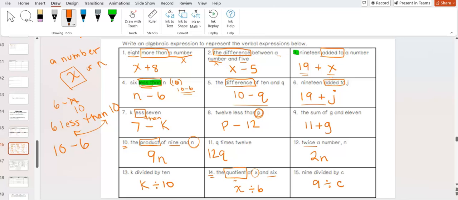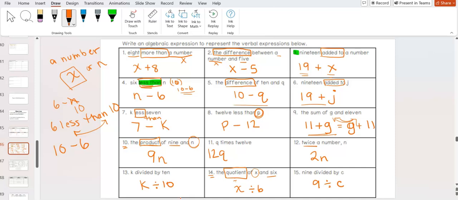The sum of g and 11, because addition is commutative, I can go either way. I could do g plus 11 or 11 plus g. They mean the same thing. It's only division and subtraction that you can't do that for.